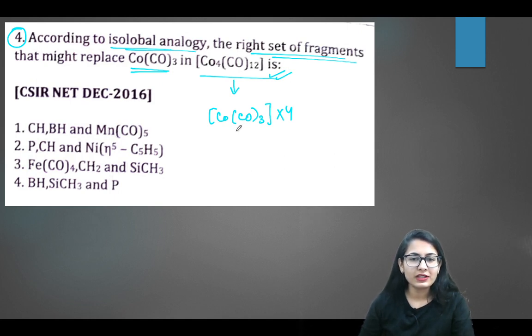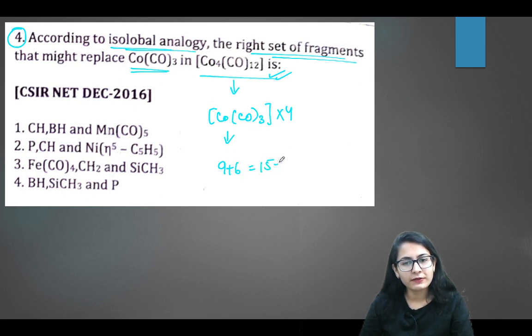Yes. I have already taken this example in the previous video, if you remember. So we are just going to find the number of electrons, 9 from the cobalt plus 2 into 3, 6. So this is going to be a 15 electron species, and the holes is equal to 18 minus 15 is equal to 3.